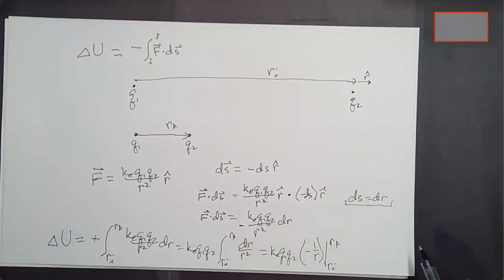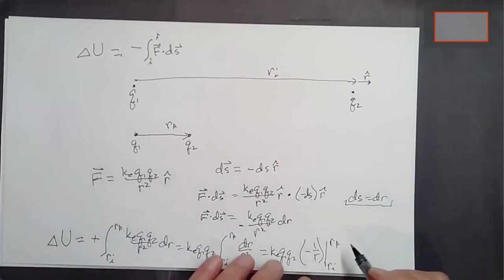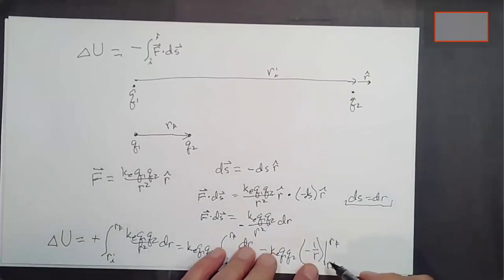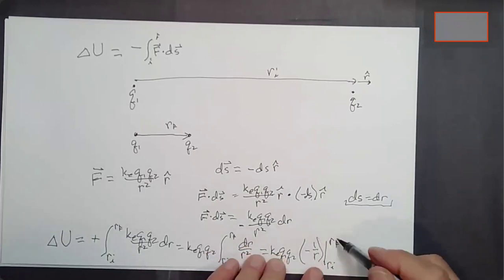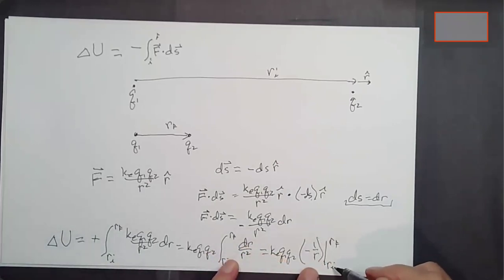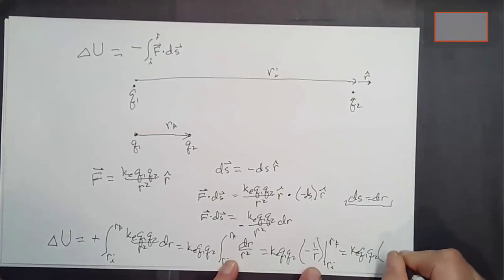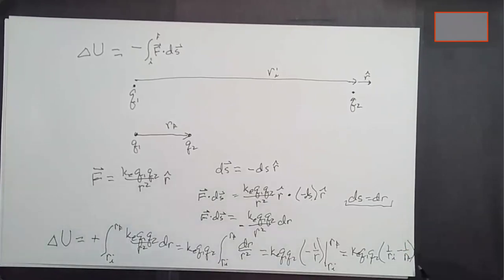Okay, all of this just to figure out the work done in here, but actually once we're done with it, well, with the minus sign there, what I can do is actually reverse the order at which I evaluate this, and so I'd end up with K sub E, Q1, Q2 times 1 over R initial minus 1 over R final, and sure enough, I think I did get an extra minus sign in here somewhere.